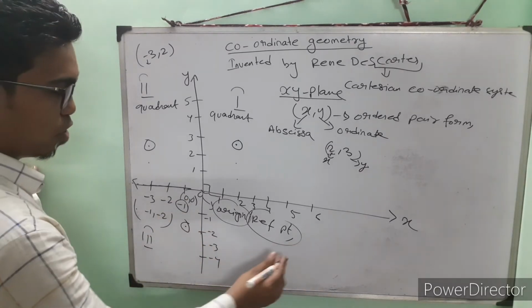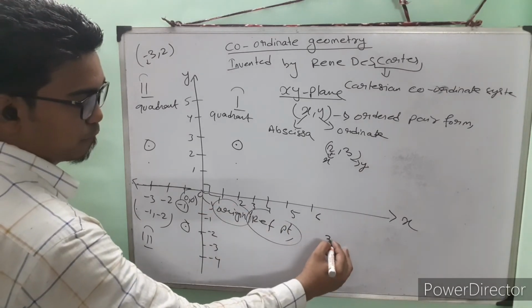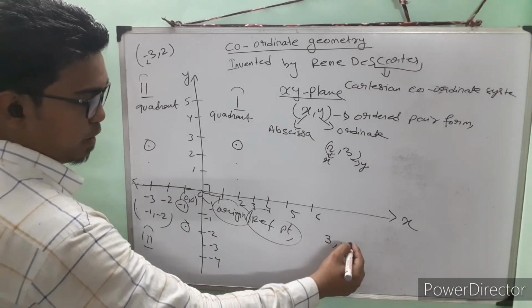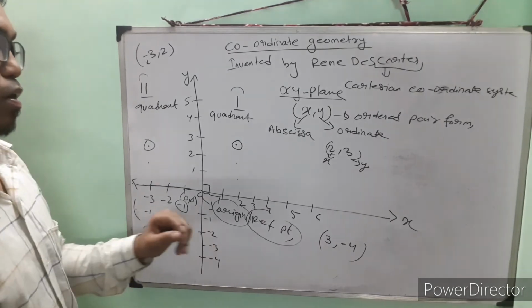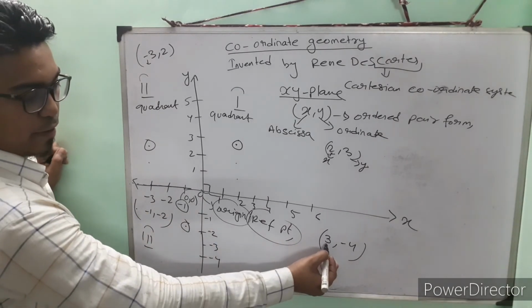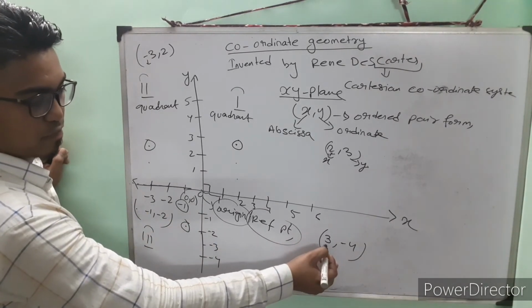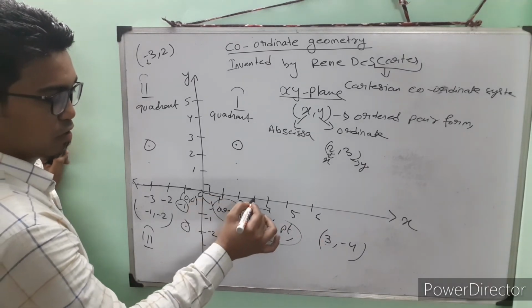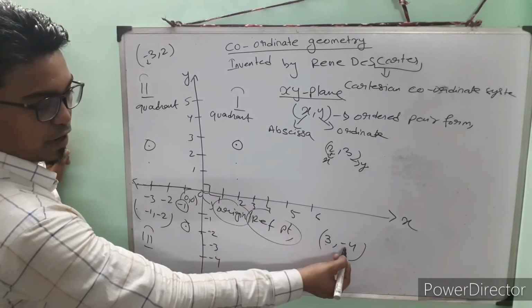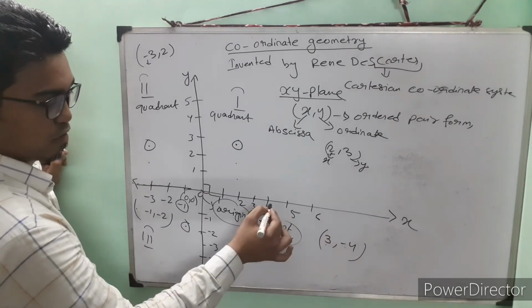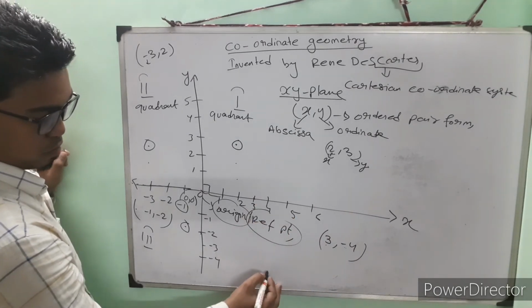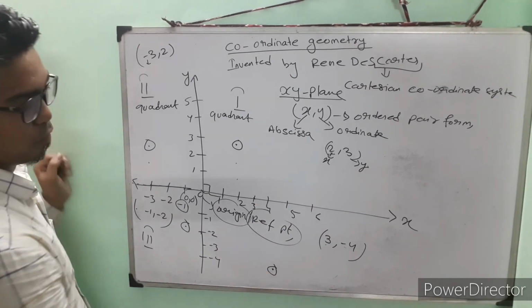Suppose we plot x positive, like 3 comma -4. Just move in the positive direction of x because it is positive, 1, 2, 3. And move in the negative direction of the y-axis because it is negative, 1, 2, 3, 4. So approximately this is the point which lies here.